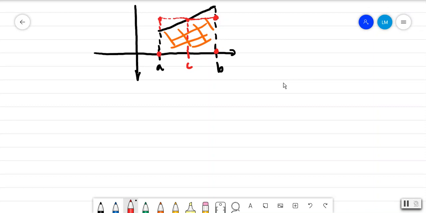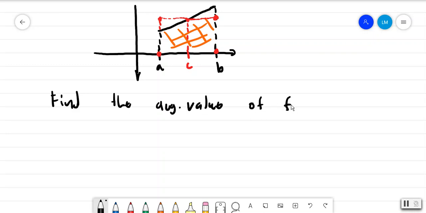So let's say that we want to find the average value of f of x equals x squared plus 1 from negative 1 to 1.